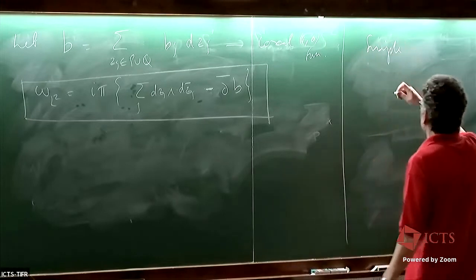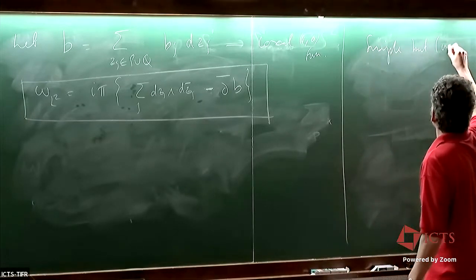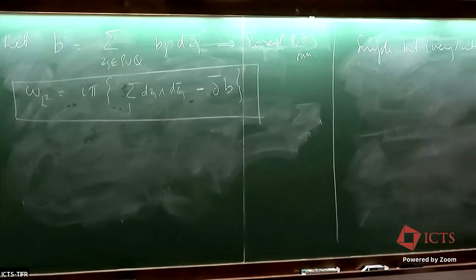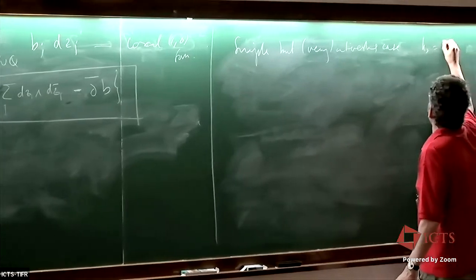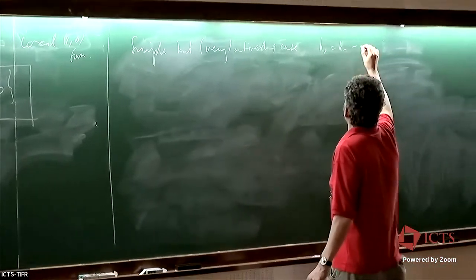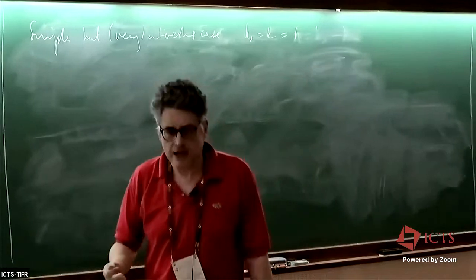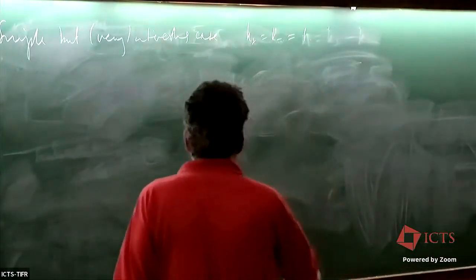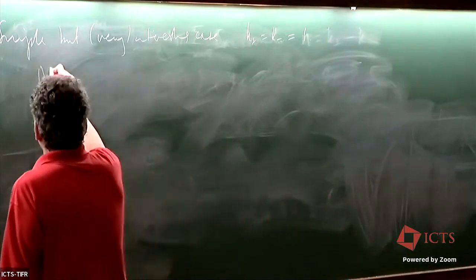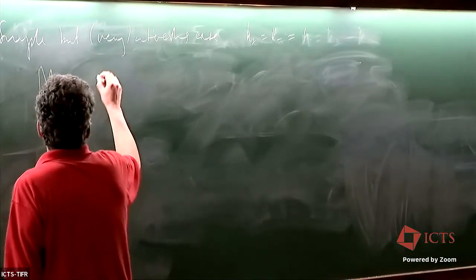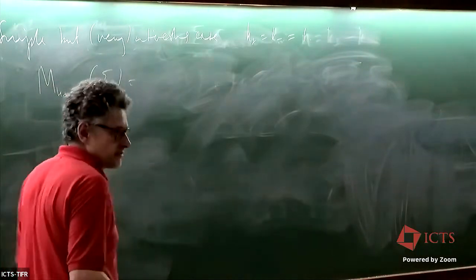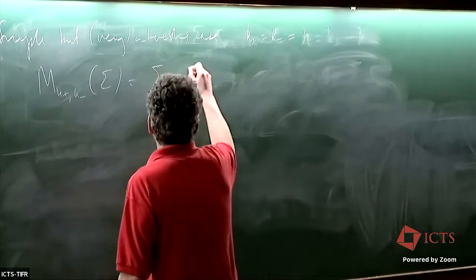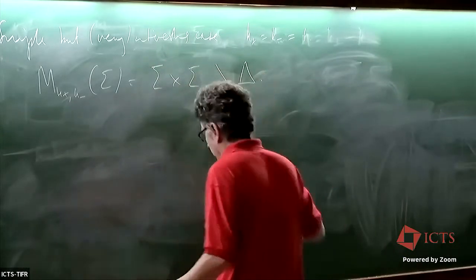Let's just focus on one simple but very interesting case. Namely, where k plus equals k minus equals 1. So in this case, even if we're in a compact space, our underlying circle bundle is trivial, right? Because k plus equals k minus. So then the moduli space, what is that? Well, it's the space of pairs of disjoint effective divisors of degree 1. In other words, it's just sigma cross sigma minus the diagonal. Okay?